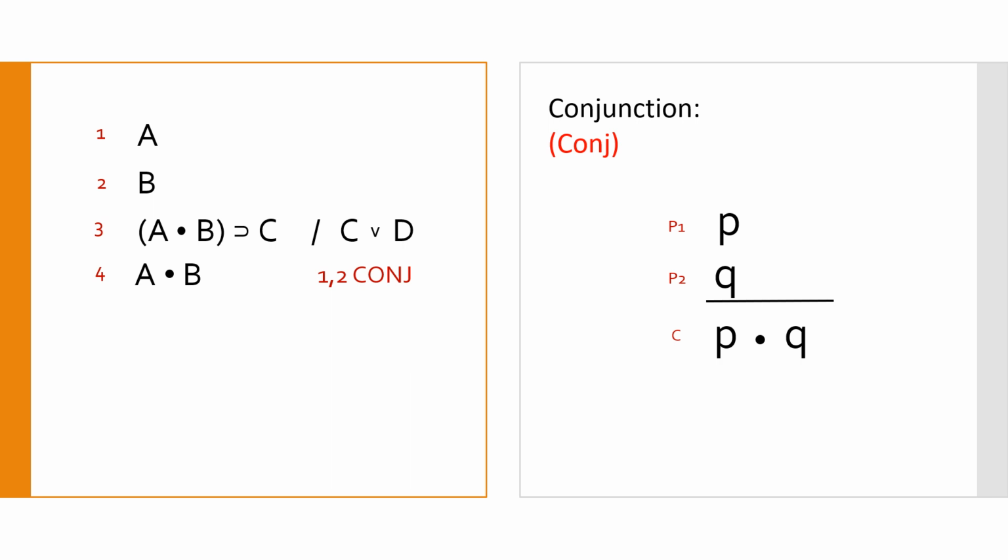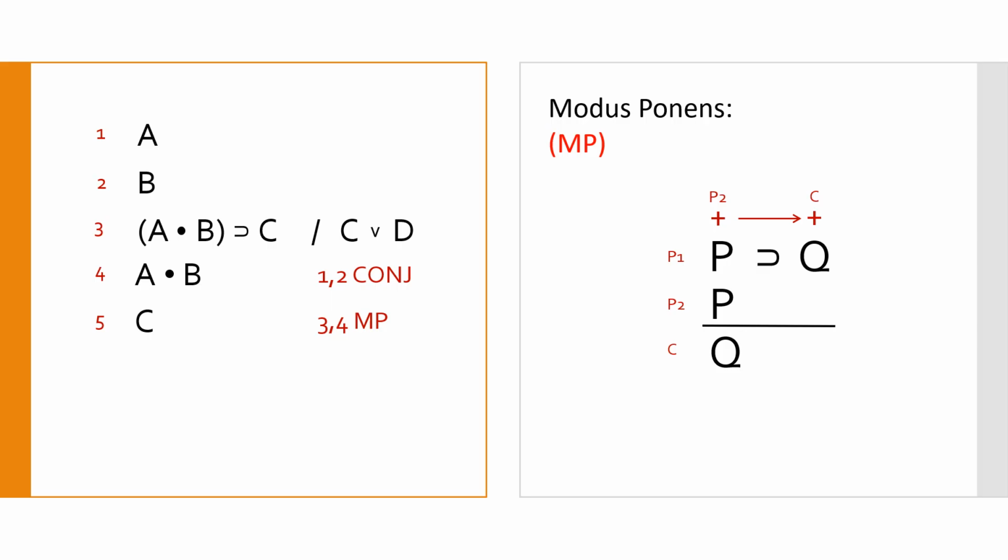And so the first and most obvious step in all of this is to simply put together A and B into a conjunction by way of the first two premises. So if premise 1 says A is true and premise 2 says B is true, it follows by the rule of conjunction and necessarily that the proposition A and B would have to be true.